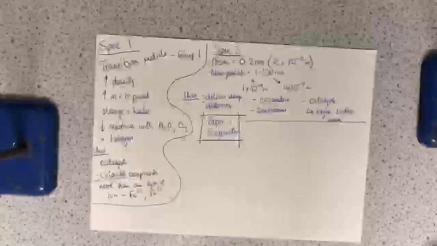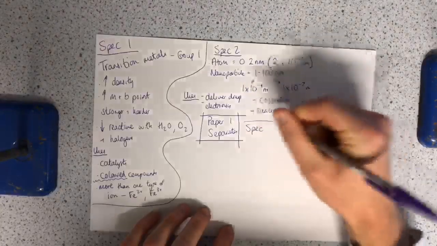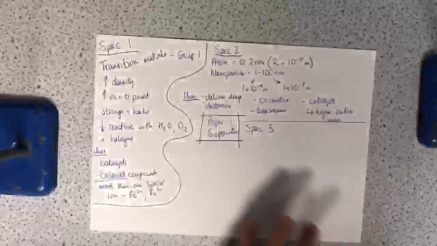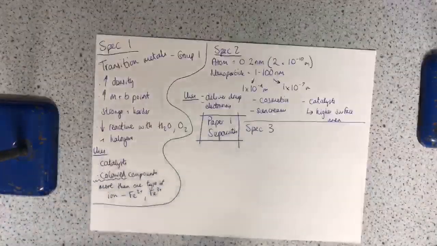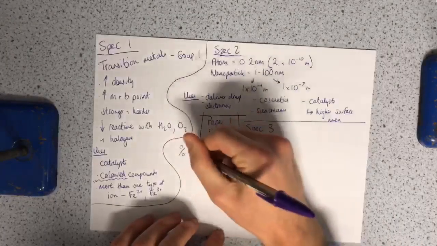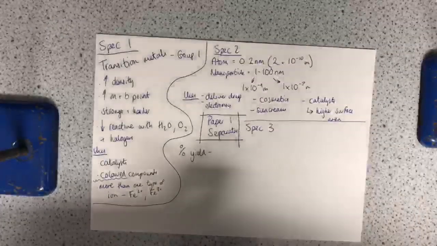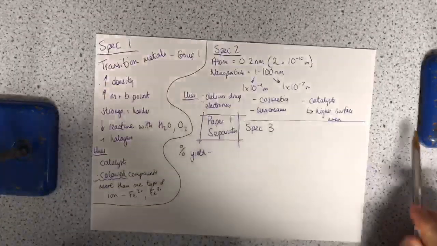Now, spec 3 is all based around different equations. I might finish off with spec 3 and get another sheet for 4 and 5. But for spec 3, you've got percentage yield. There was a question on each of these separates calculations last year.